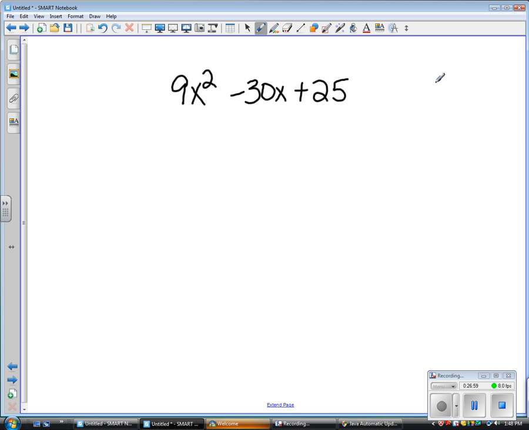So if you want to, just very quickly, over to the side, go b squared minus 4ac. Fill that out and tell me if it's a positive, negative, or a 0, and then tell me how many solutions you have. So you're going to substitute in and solve it. Then you're going to tell me how many solutions I actually have to this problem.